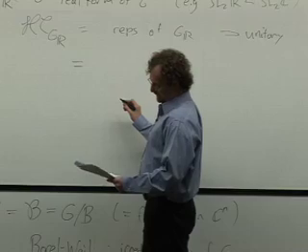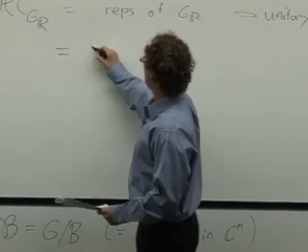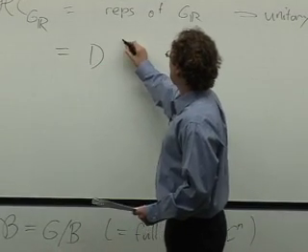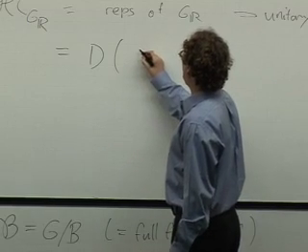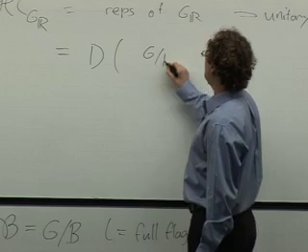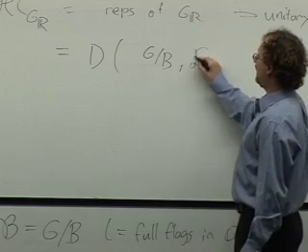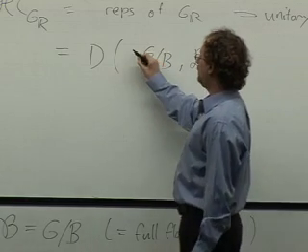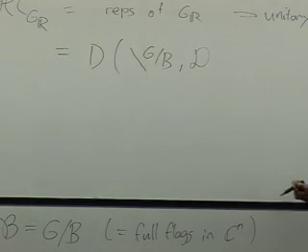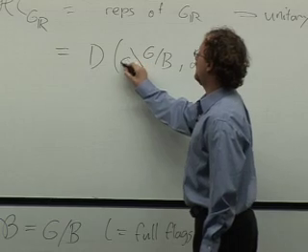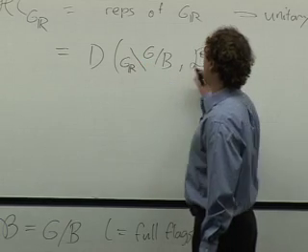So I'm going to state it not in the Beilinson-Bernstein form, but what this says is that we're going to look at D-modules on G/B, but instead of putting the condition that they are constant along the B orbits, we're going to put a condition that they're constant along the G_R orbits.